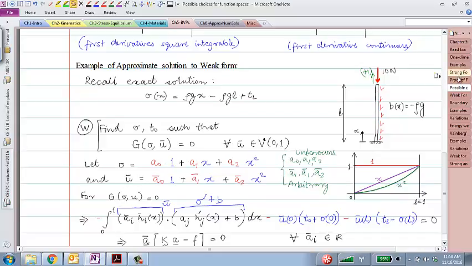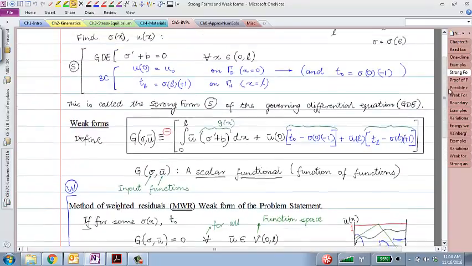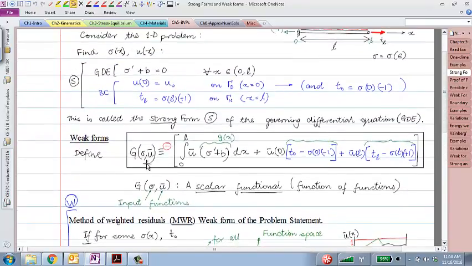If you look at what we said here, when we established this G functional, they are random functions. They are completely arbitrary for now, and then we'll pose some restrictions on them. The only restriction for now is that they have to be square integrable. So this virtual displacement has nothing to do with the real displacement.